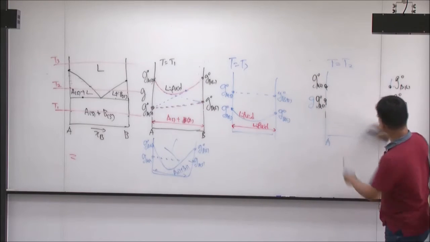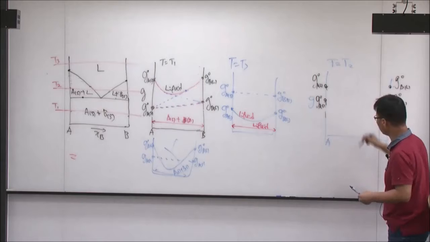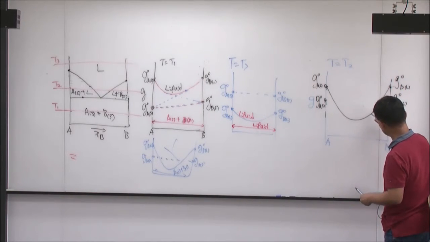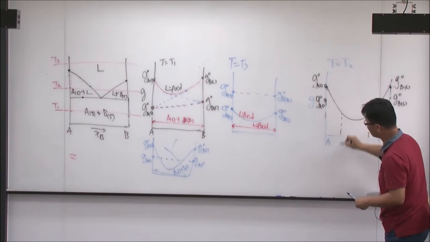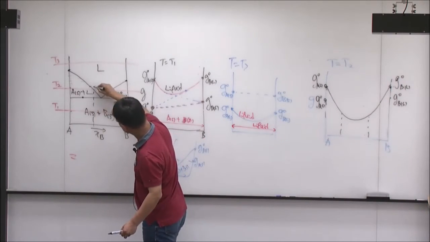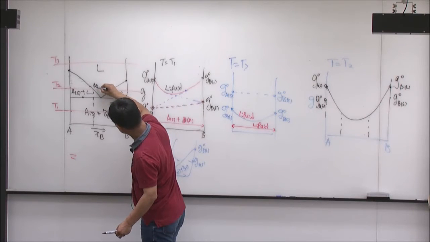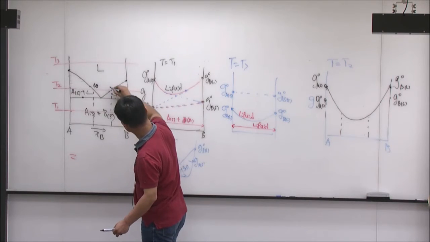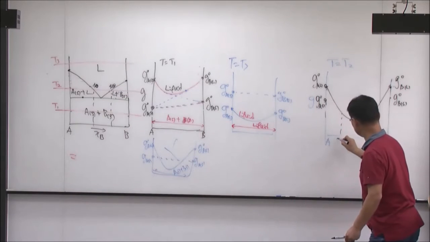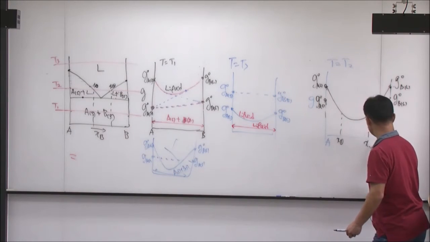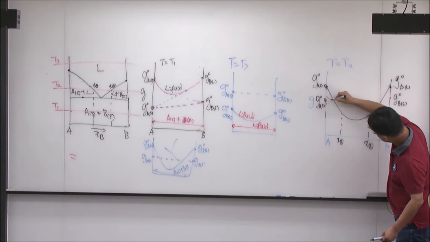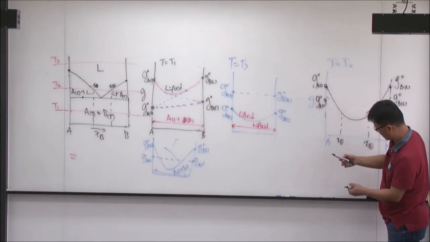If you put everything in first and then try to do it, it's a little bit difficult. But if you do it this way, I have this common tangent point like this. So for example, let's take this composition as x1 and this composition as x2, then this should be x1, x2, and then you have to draw something which makes this common tangent line.